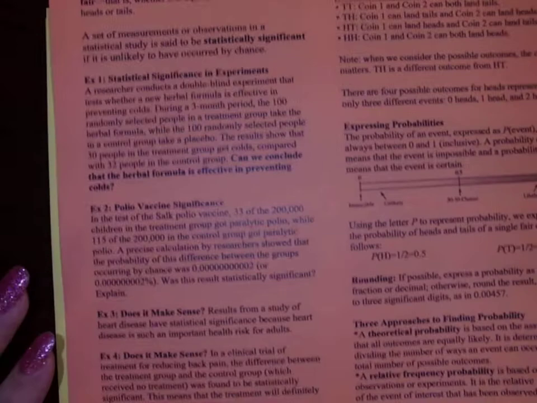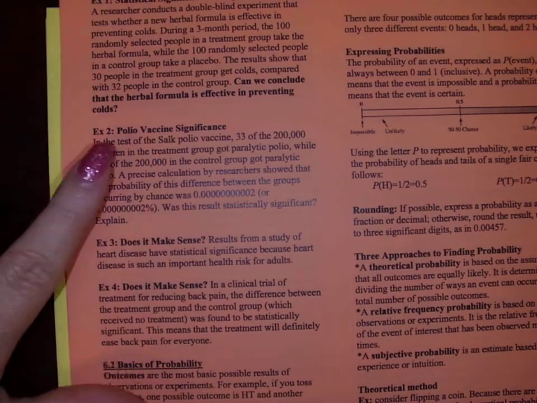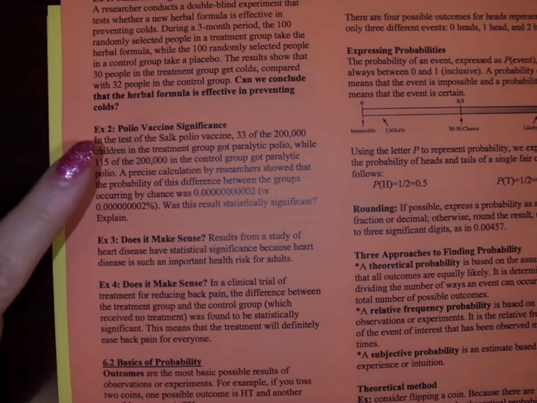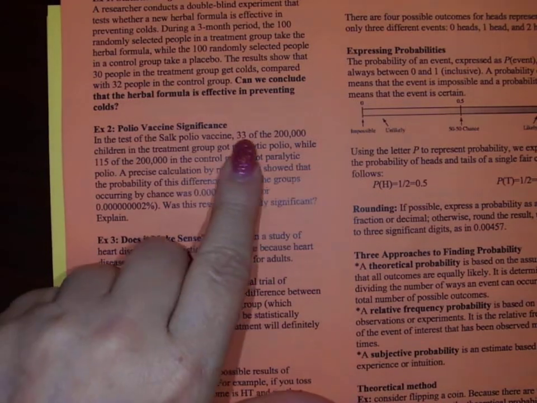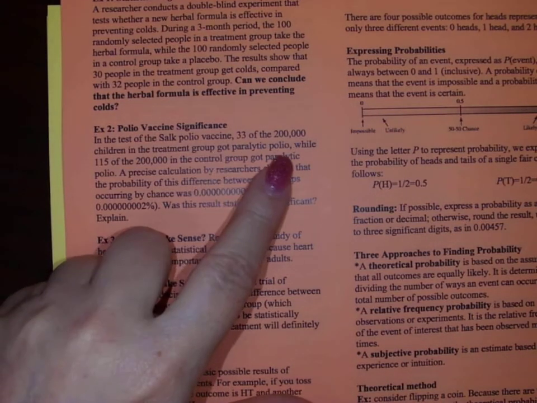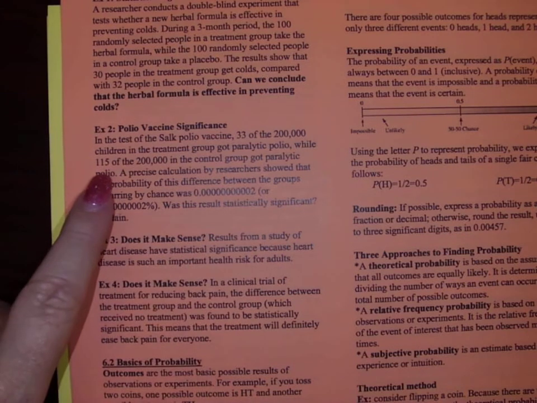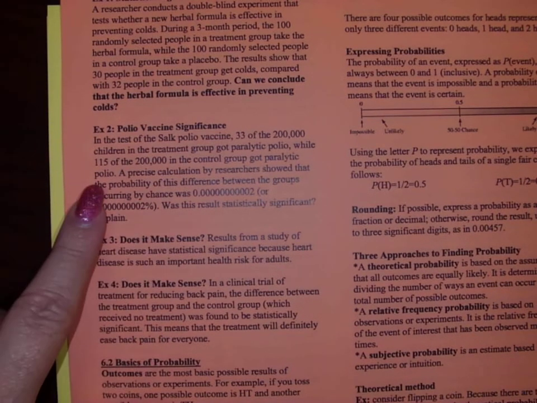All right, next question. Example 2. In the test of the Salk polio vaccine, remember we've talked about this a couple of times, 33 of the 200,000 children in the treatment group got paralytic polio, while 115 of the 200,000 in the control group got paralytic polio.